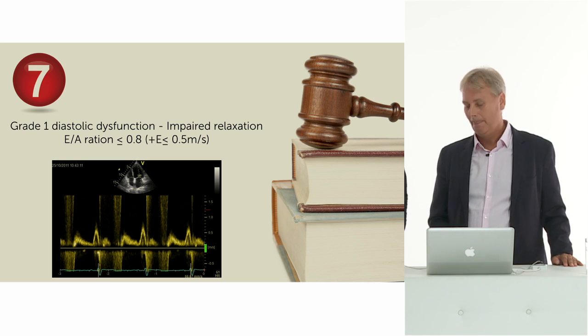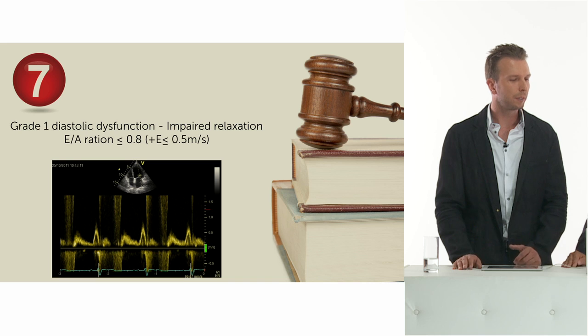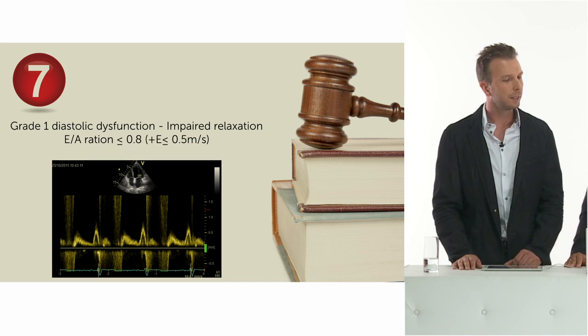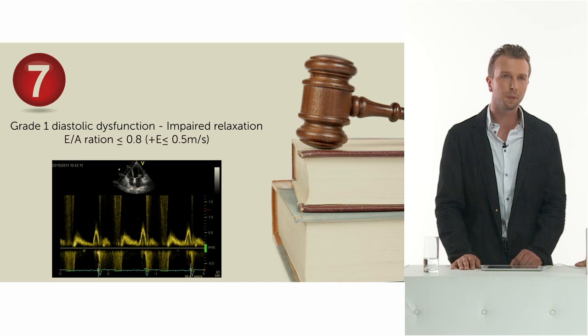In the old guidelines the cutoff level was 1, and that led to a lot of confusion because it's age dependent, and maybe 0.8 is normal for my grandmother, but maybe not for me. So they cut it down to 0.8, and it seems to be more accurate.